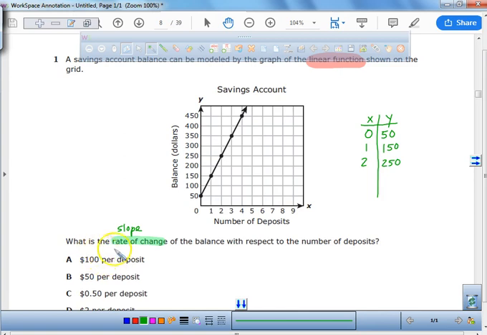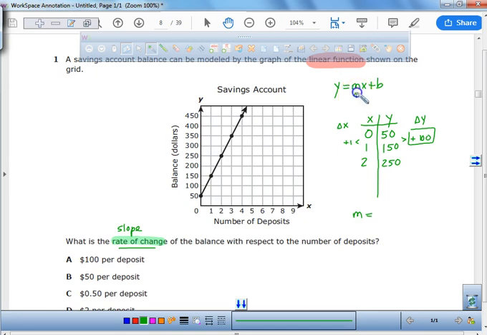Now the question is, what is the rate of change of the balance with respect to the number of deposits? It looks like as each deposit goes up 1, how much does it go up by? 100. So we call this the change in y. We call this the change in x. The slope, which is the m value in a linear, by the way, hopefully you guys know y equals mx plus b, okay?